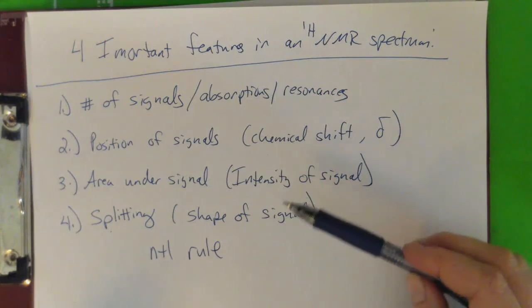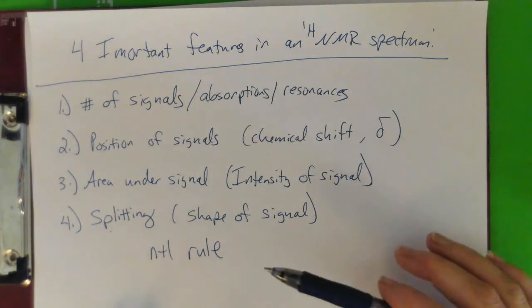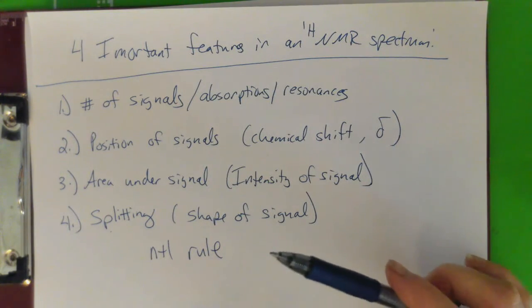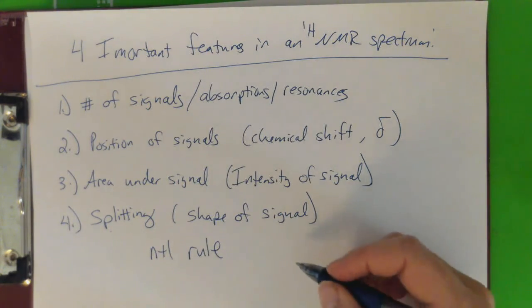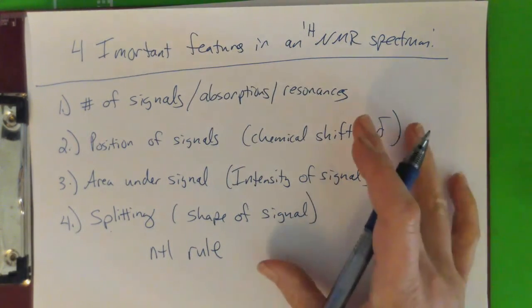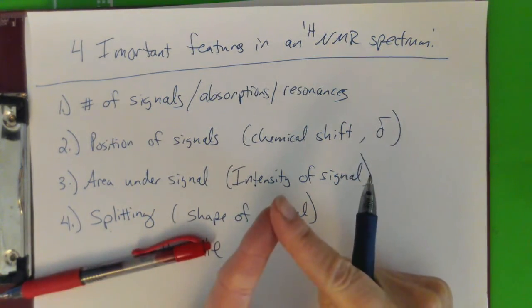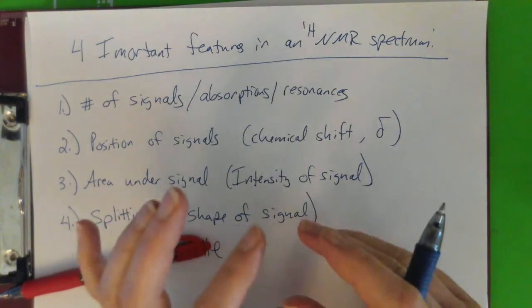As you're listening to these videos, keep in mind that we're going to focus on interpreting proton and carbon-13 NMR spectra. In this chapter, I will use examples from families of compounds that you saw in 301. So that includes alkanes, alkyl halides, alkenes, alcohols, ethers.